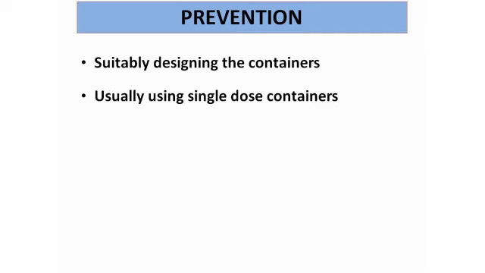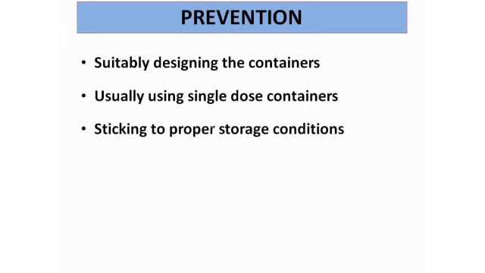Next, for such cases, we generally use a single dose container. So what are single dose containers? In a single dose container, we have a single dose only. For example, the blister packaging of tablets. In blister packaging, at one time we can take out only one tablet from the strip, right? Those are single dose containers. Now, apart from that, we should stick to proper storage conditions.